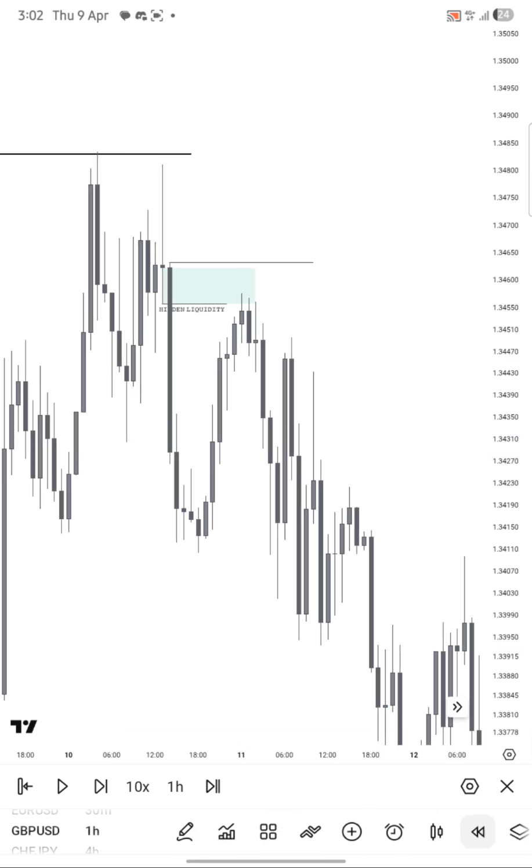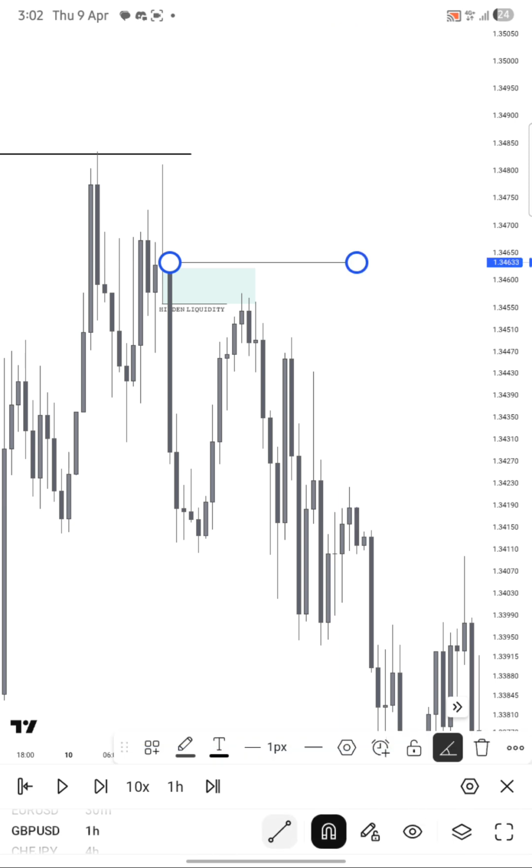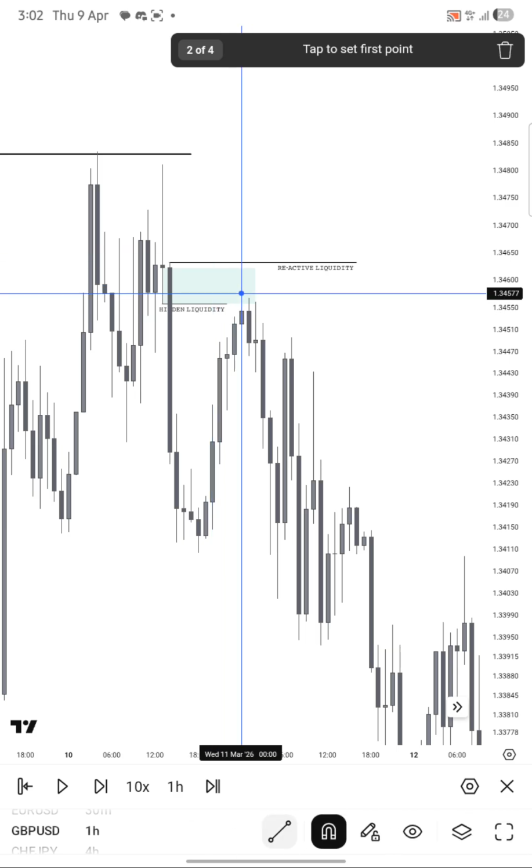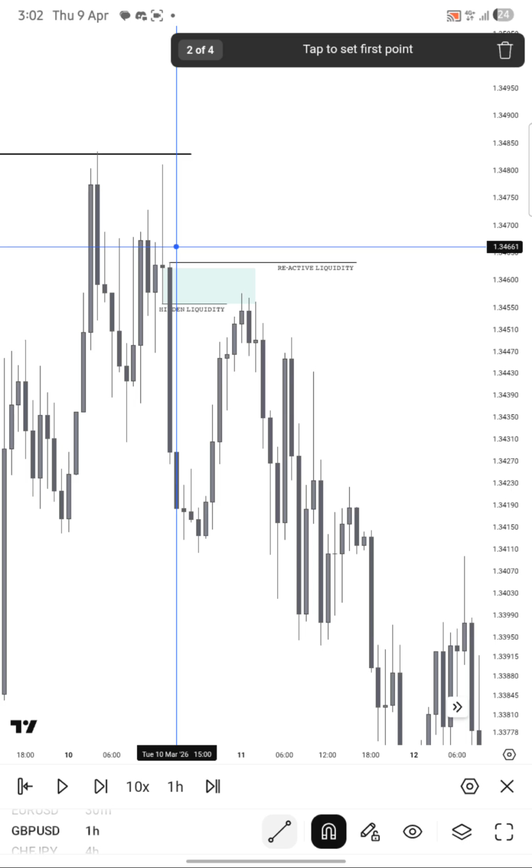So around here, this is going to be a reactive liquidity because of this candle reaching or protecting this high.